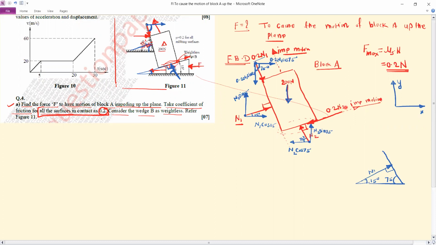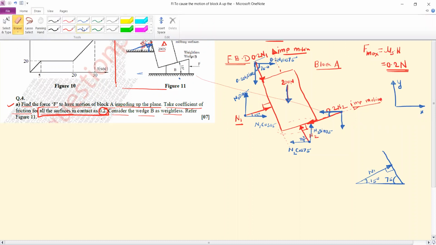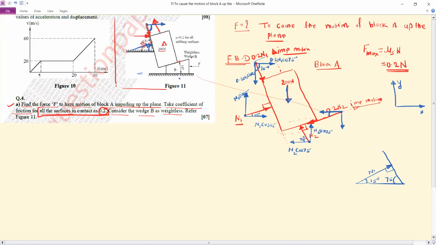Now resolve this 0.2 N2, that is a friction force. So select this point, draw one component parallel to the y-axis, second component parallel to the x-axis. Now this angle, it is 15. So you can observe here, the friction force acts along this plane. And this is the x component, and this is the y component.